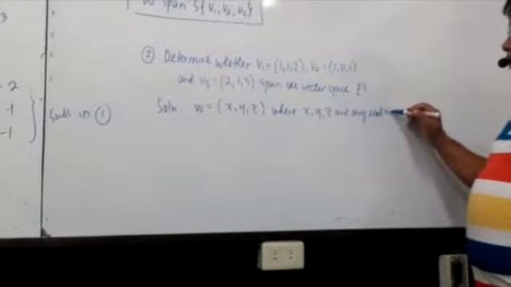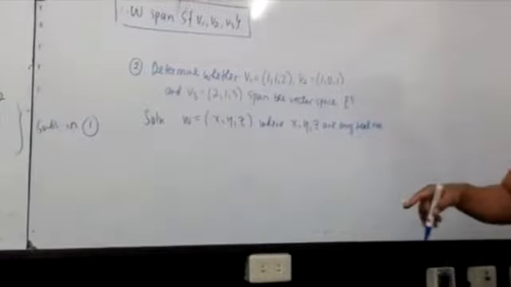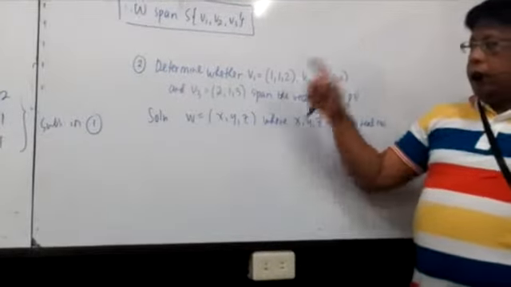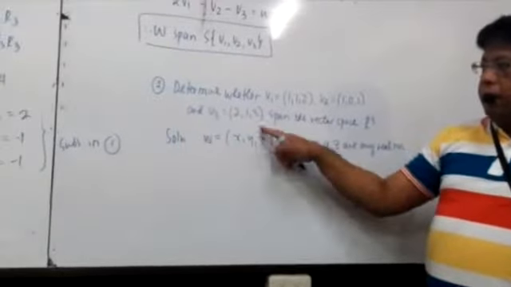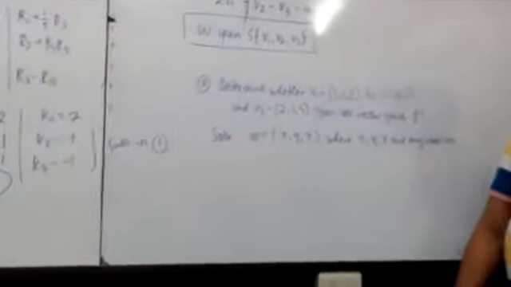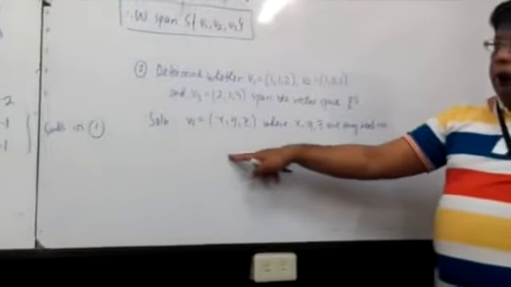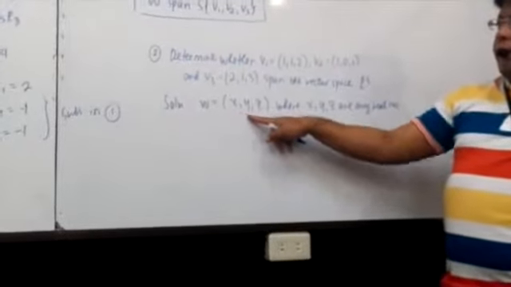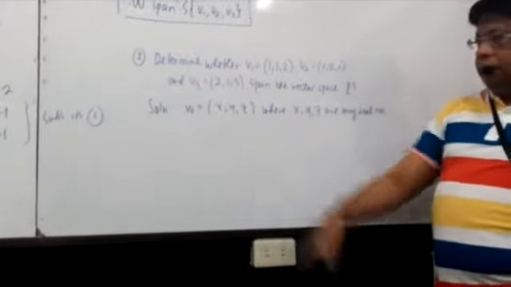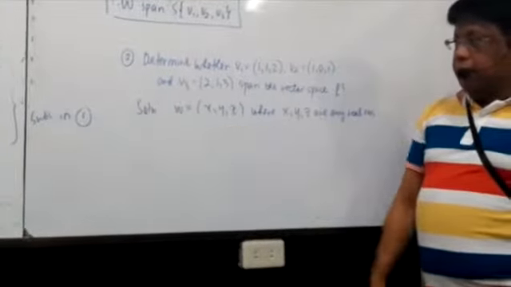Okay? So this is what we're going to do first, class. Identify the components of W. You know, it's not given in the problem, but you can define it as vector W whose components are X, Y, Z. So we can also use other letters of the alphabet, class, no? You can use A, B, C, if you want.